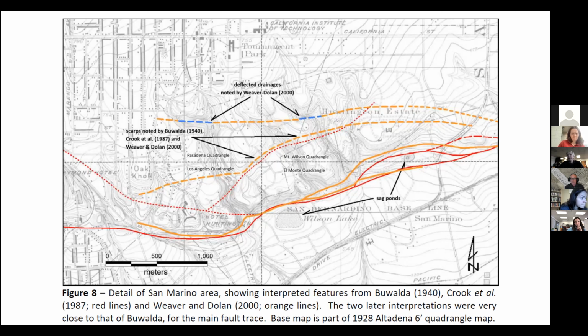Right. And what's important to appreciate is this is 3 different sets of maps. It's showing Buwalda, who would be the classic geologist, 1940, pre-urbanization, so it's probably possible to see a lot. Then Crook et al. with the red lines, and then Weaver and Dolan with orange lines.